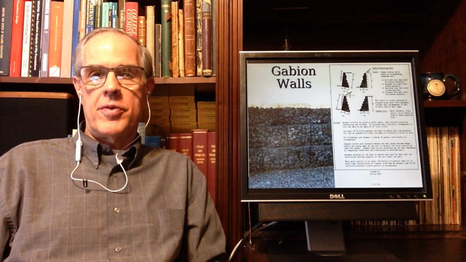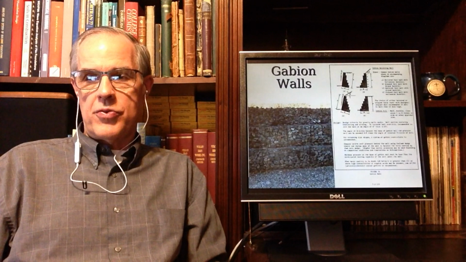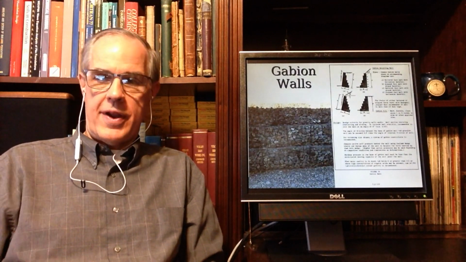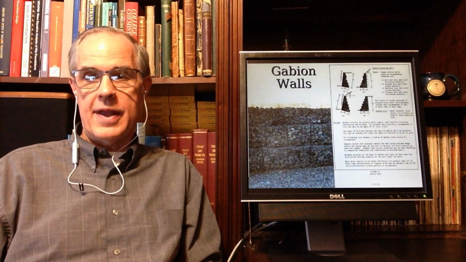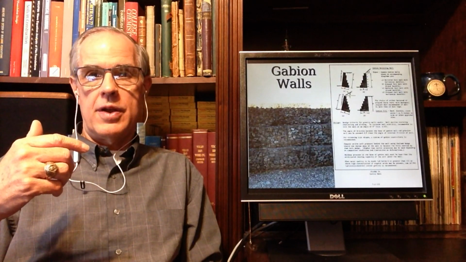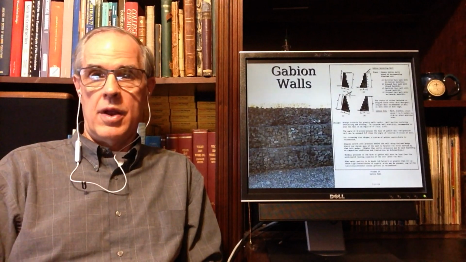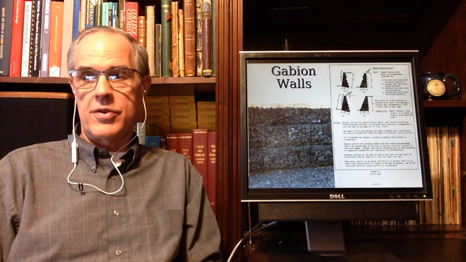They're basically a form of gravity wall. If you don't have issues with drainage, in other words if you don't care if you get some weepage out of the gabion, they're permeable. You will not get unbalanced hydrostatic forces with them because they'll just drain right out. If that's not an issue, gabion walls can be very useful in some situations.